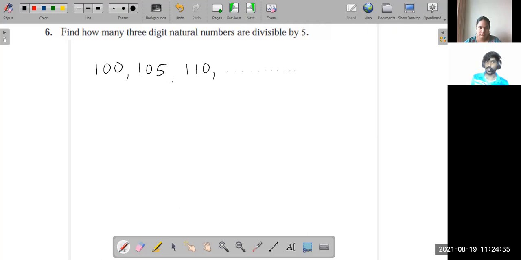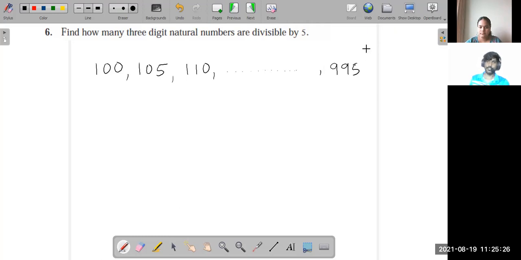So can you tell me which will be the last, or the greatest, three-digit number divisible by 5? After 555 also, there are more three-digit numbers which are divisible by 5. But now I want you to tell me the last one. 995. Correct.